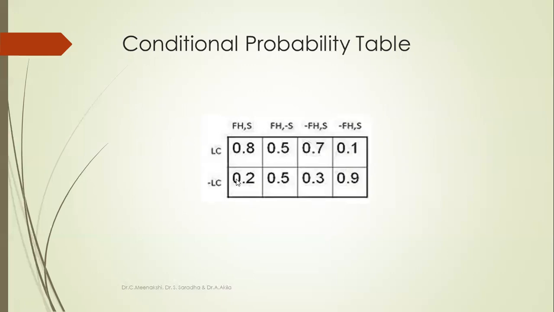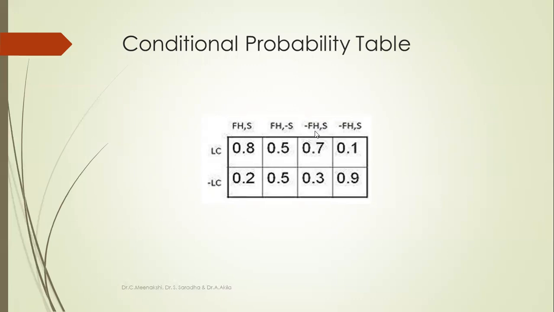If he has a family history and is a smoker, the probability of lung cancer is 0.8, and the probability of not having lung cancer is 0.2. If he has a family history and is not a smoker, the probability of having cancer is 0.5 and not having cancer is 0.5.